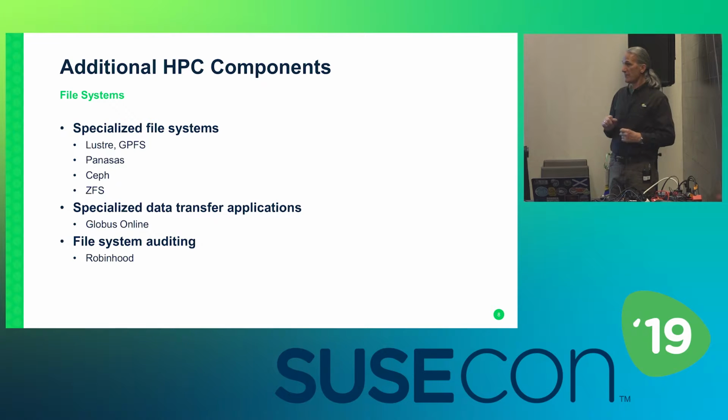Lustre and GPFS are two of the file systems that are very commonly used for direct inline compute. So you're going to put Lustre or GPFS-based file systems on very high performance arrays that have direct connections to your compute nodes, generally via InfiniBand. And that's how they're going to access that storage to actually do their compute work.